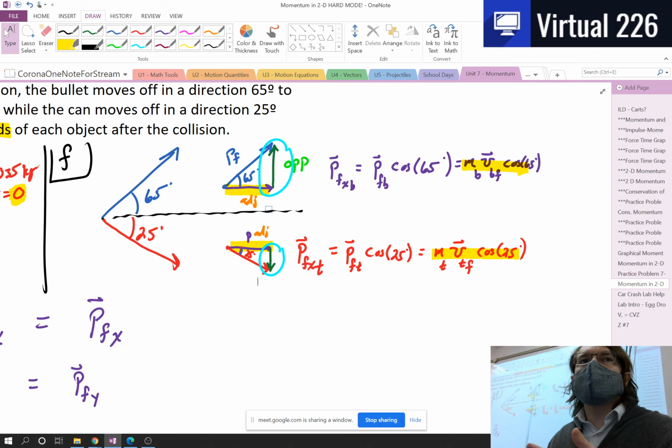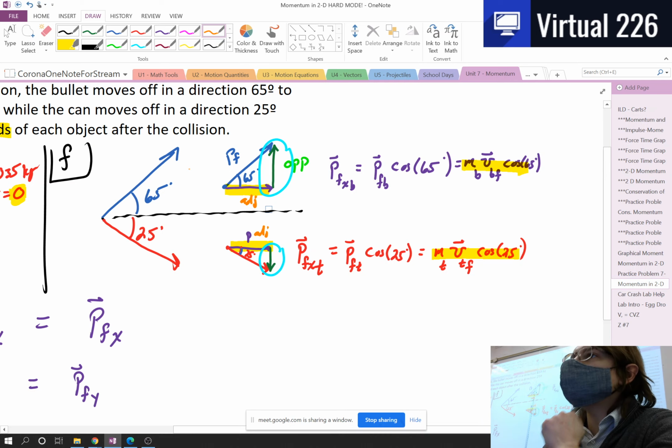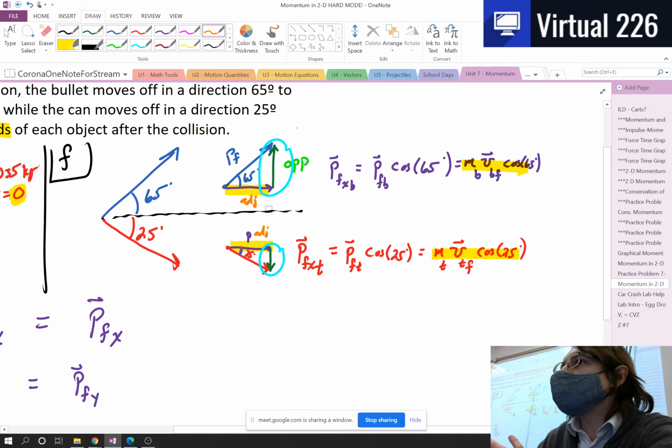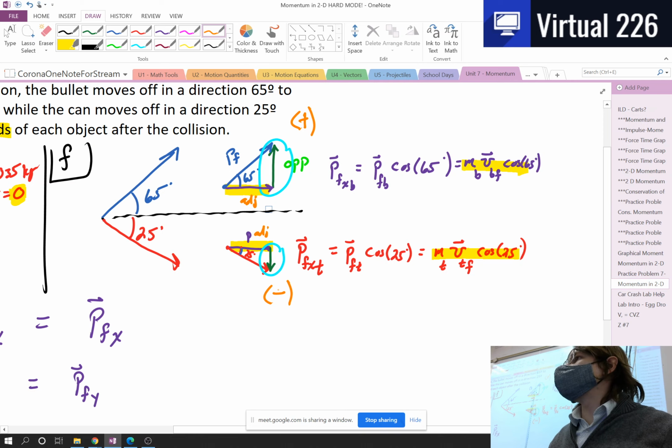I can't take 3 plus 9 and get 0. But if I take 3 plus negative 3, I could get 0. So we are going to have to designate a positive and negative direction here. It doesn't matter if you want up or down to be positive, but because these are momentums, they are vectors, we do need to designate positive and negative directions. Let's just take classic physics to be the name of the game and say up is positive, which makes down negative. You could flip that if you wanted. It's not going to change a thing, but let's just do it this way.